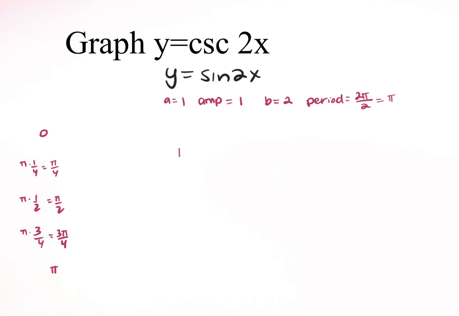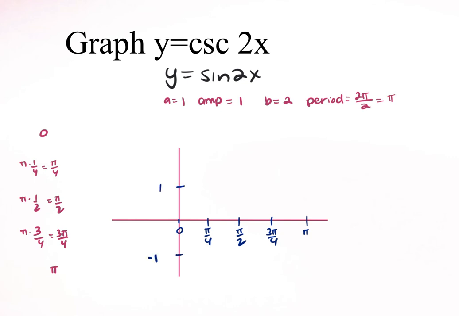So I've got 5 key points, which is what I need for sine and cosine: 0, pi over 4, pi over 2, 3 pi over 4, and pi. And then an amplitude of 1. With me so far?